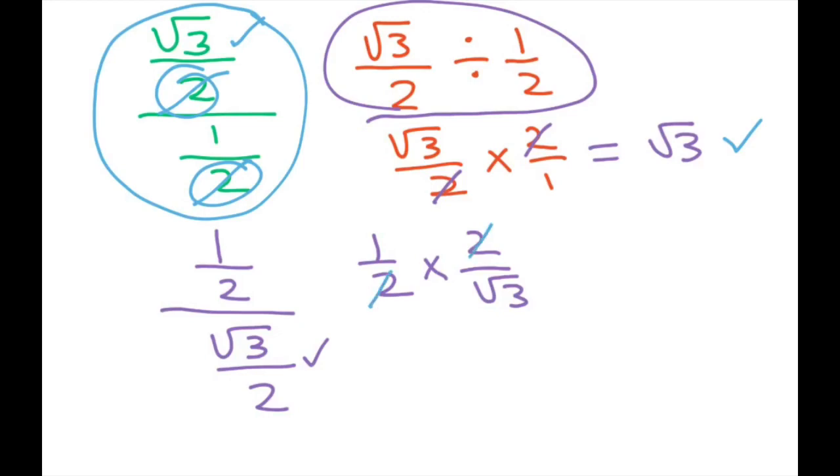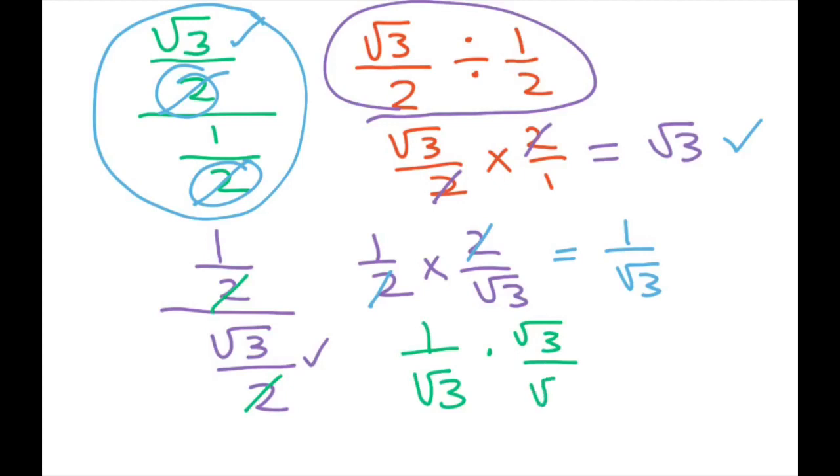These two would cancel. So you get 1 divided by square root of 3. Or you could have just canceled those out and got 1 divided by square root of 3. Now we want to rationalize that, and you multiply across, you get square root of 3 divided by 3.